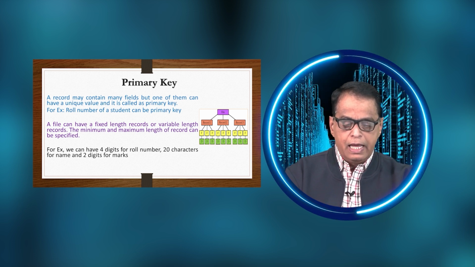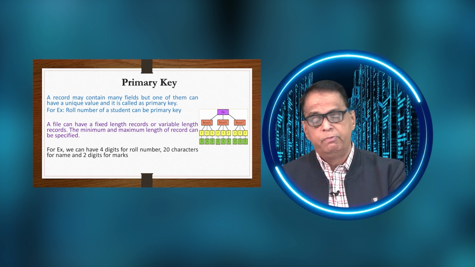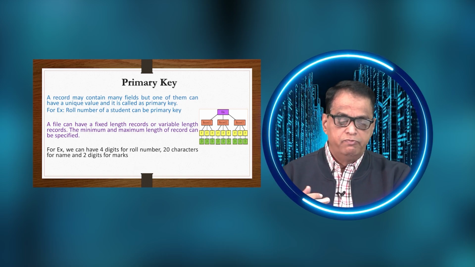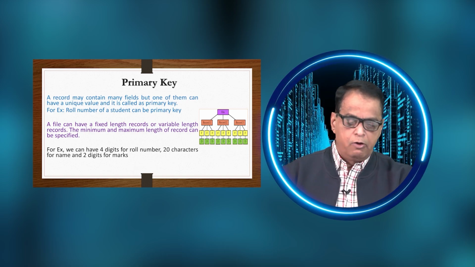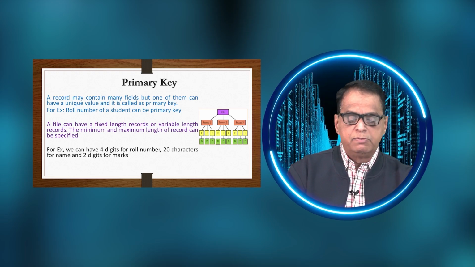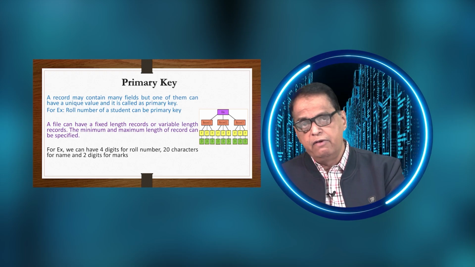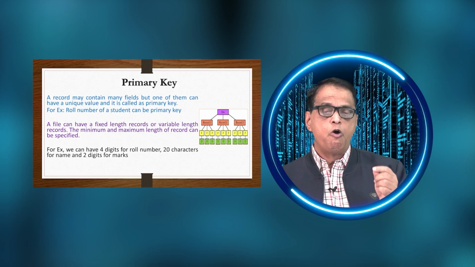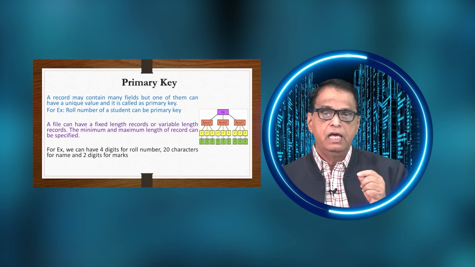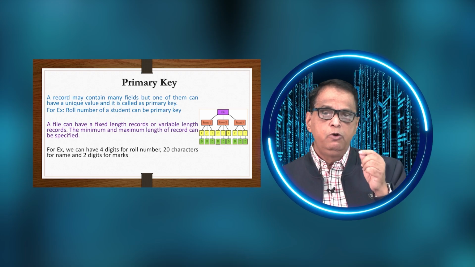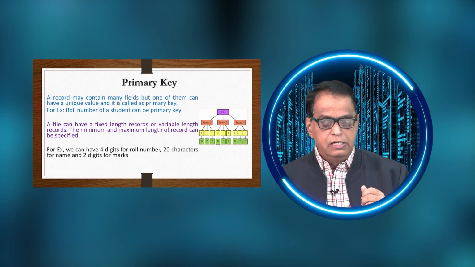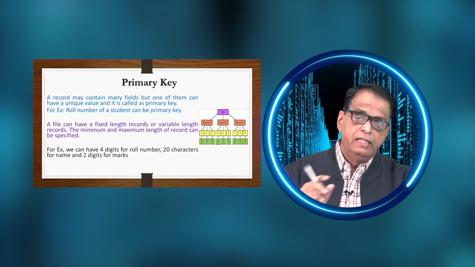A file can have a fixed length of records, but it is not necessary that the file will always have a fixed length of records. We can have a variable length of records as well. So the size of the records needs to be specified. Whenever we are creating a file, we need to specify how many records there will be, how many fields there are in every record, what the values of every record can be, and also the length of the record.